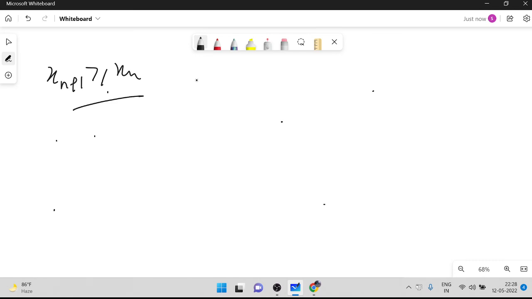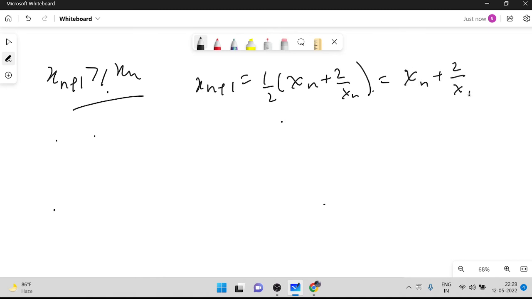It's kind of simple. So x(n+1) is equal to 1/2 times (xn + 2/xn), which is equal to xn + (2/xn - xn)/2.